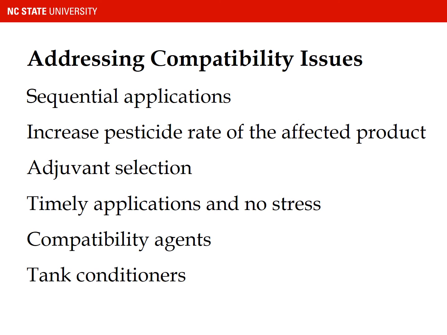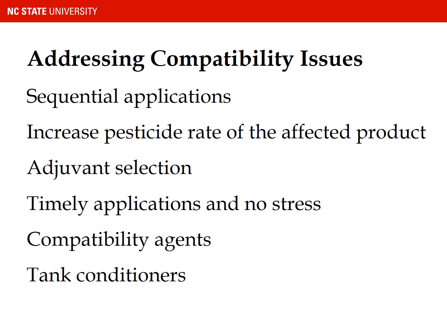You can also increase the pesticide rate of the product that's being affected. So if it's a broadleaf herbicide that affects a grass material, if you increase the rate of the grass material, you can often overcome that. There are adjuvants that can make that compatibility much greater, and some of those are sold here in North Carolina. You can actually make timely applications when your pest, in this case weeds, aren't stressed.